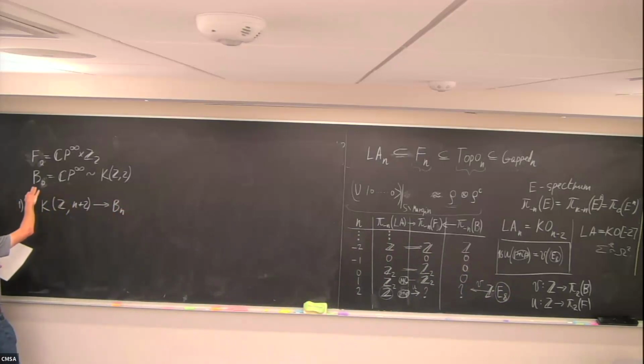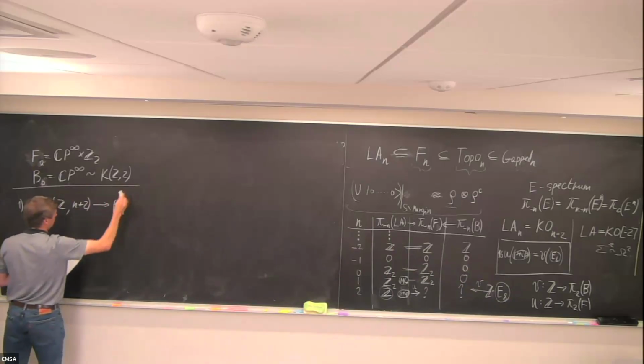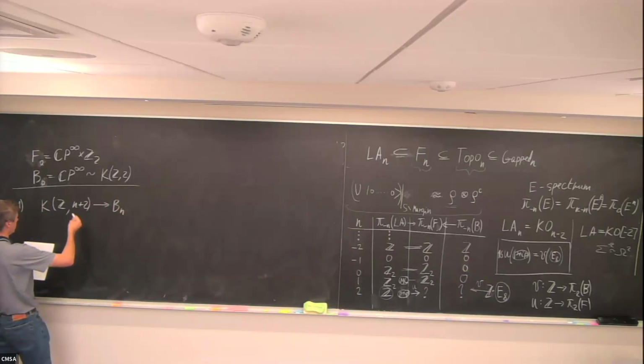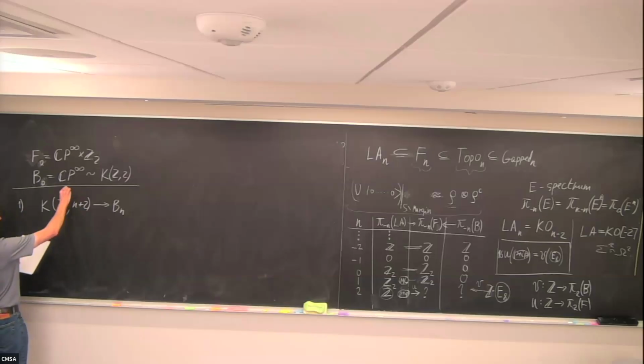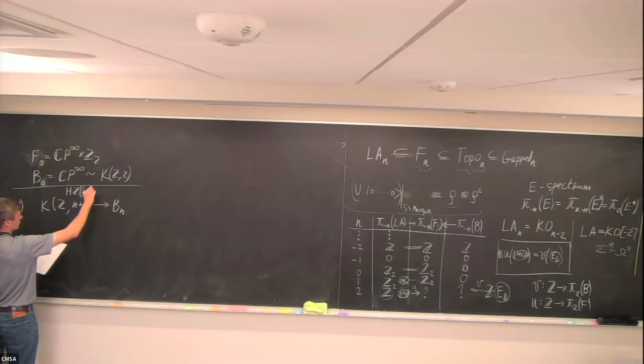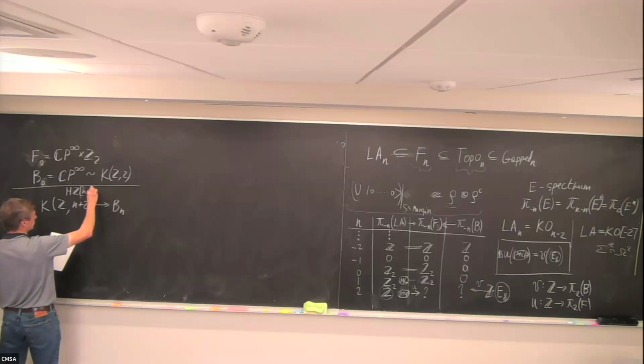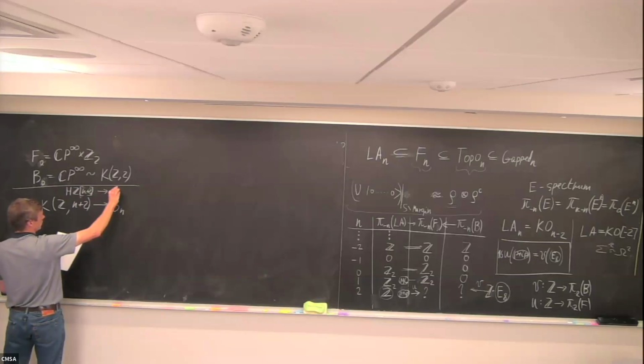I'm considering bosonic systems for simplicity. This also applies to fermionic systems. And collectively, those maps can be regarded as a map from the Eilenberg-MacLane spectrum shifted by 2 to the spectrum B.